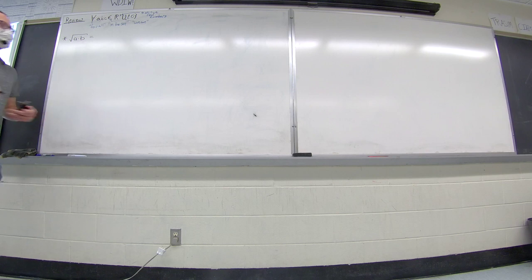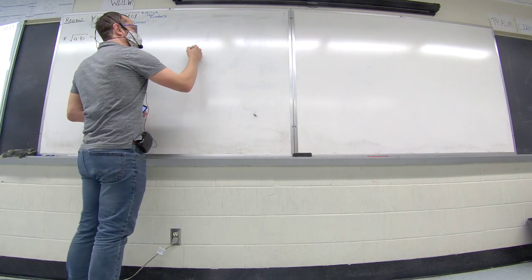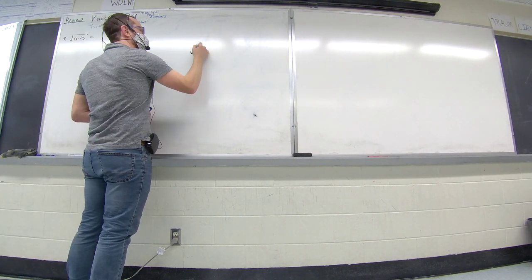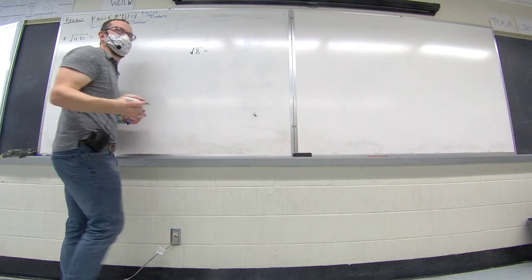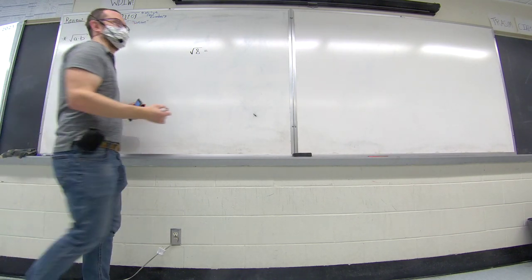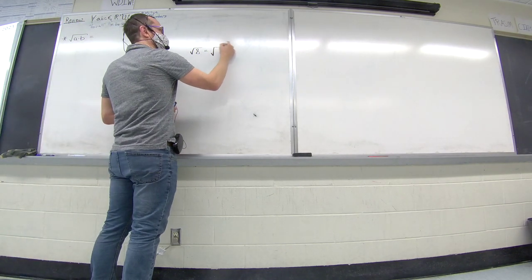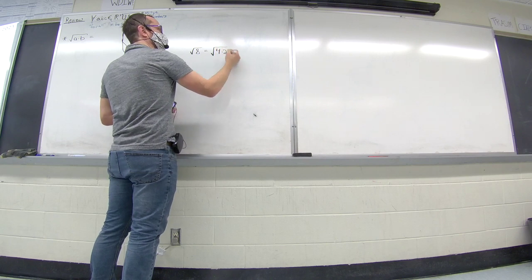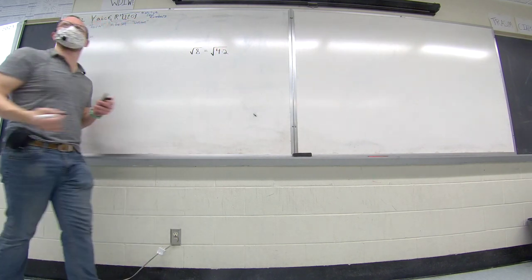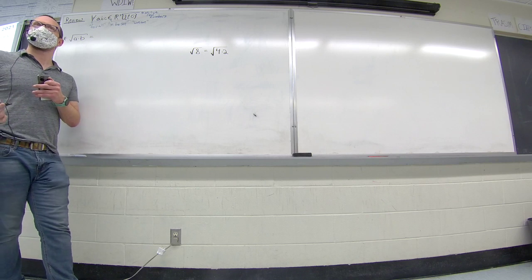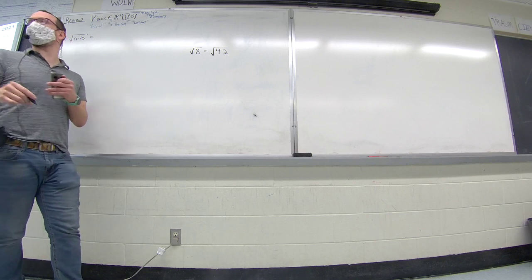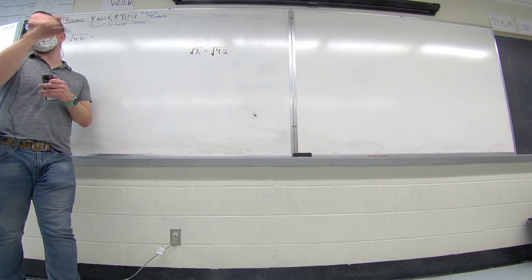You've done this before. The square root of 8 as an example. What can you do with the square root of 8? Do this, square root of 4 times 2, and then what can you do?